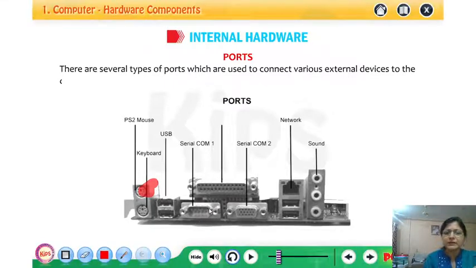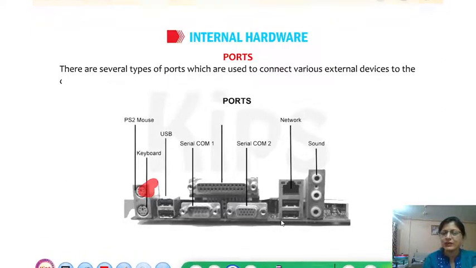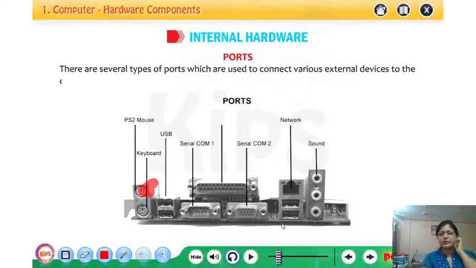Then you have these kinds of connections for connecting your printer or the monitor, etc. So these are the places where you will be connecting your hardware devices onto the computer. These are the different types of ports required. So a sound port is there, network ports are there.